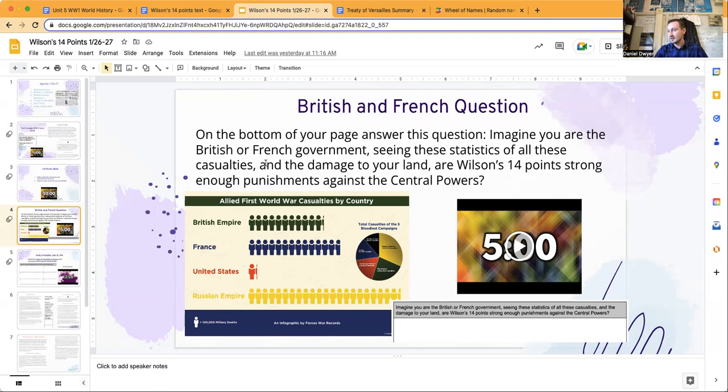Also be considering the war was fought in Europe, damaging their land. It's not damaging the United States land. So how might that change the perspective? Why might that make Britain and France want to have harsher punishments against Germany compared to maybe the United States? All right, so you would answer that on the back of your page.